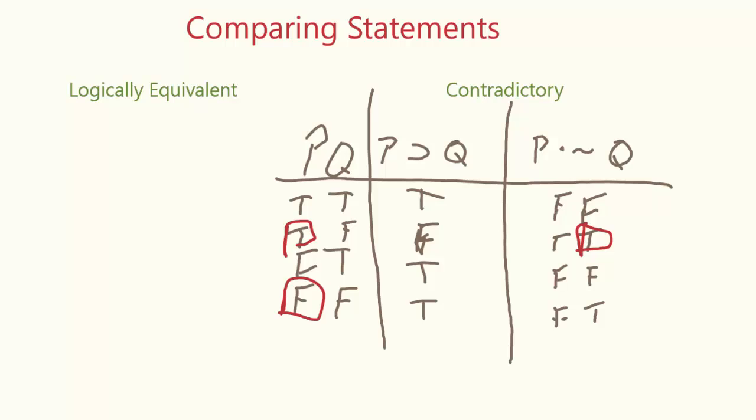So then if we compare the truth values for each situation, we'll see that they're reversed, that they're opposing.